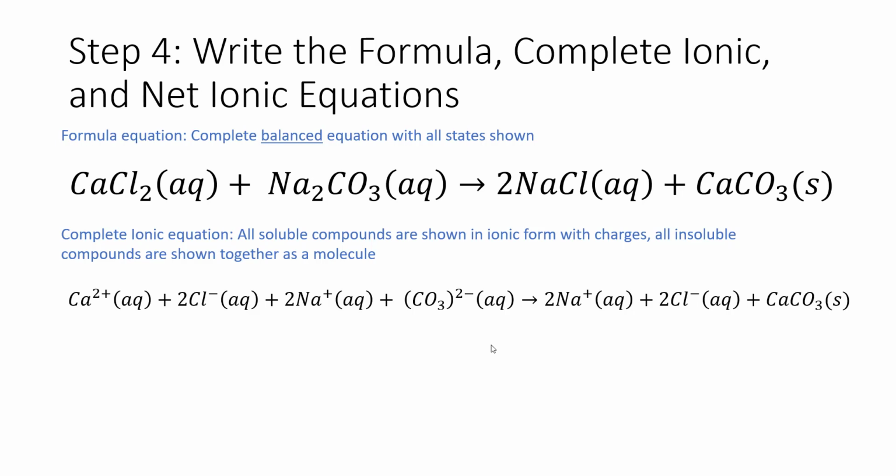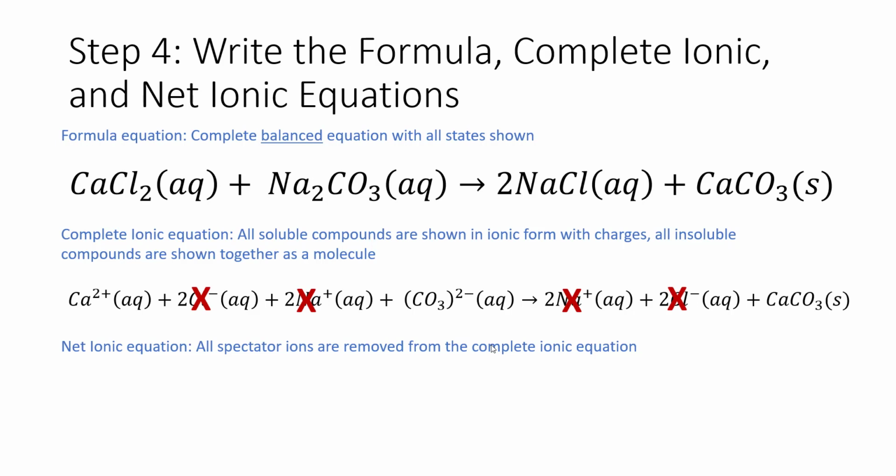And so we'd put a 2 in front of them just to show that 2 ions of chlorine would be generated from calcium chloride. And then for your net ionic equation, now we're going to just remove all of our spectator ions. So we can remove our sodiums and remove our chlorines. And that leaves us with calcium plus carbonate yields calcium carbonate.